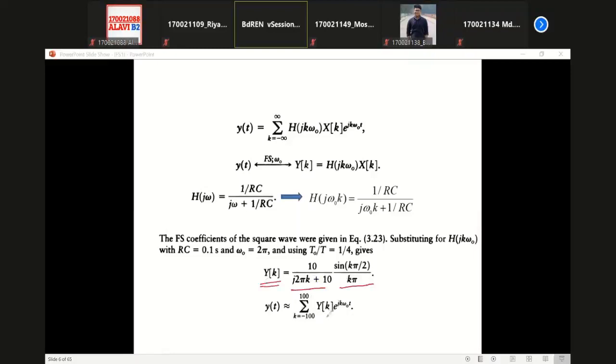Then you sum these Fourier constants multiplied by the term e to the power j k omega 0 t, and you will get your output. And you can easily truncate your sum to a finite number of Fourier terms. The reason is that your yk will be a decreasing function of the Fourier harmonic.